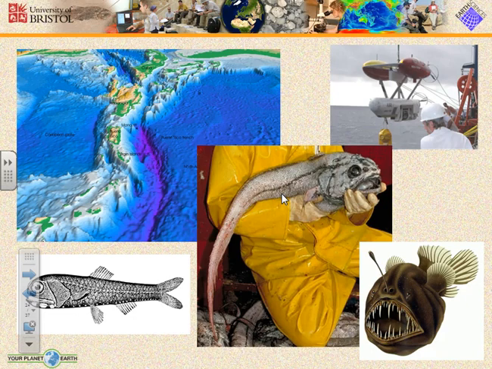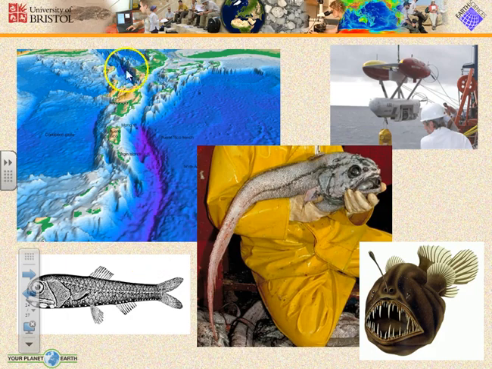Here's your Finding Nemo slide, right? Your anglerfish, okay, which can be found in some of the deepest parts of the ocean along those trenches. Okay, take a look right here. This is called the Puerto Rico Trench.